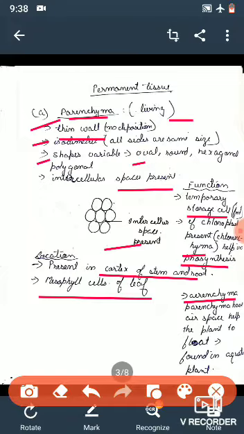If this parenchyma cell have air spaces in them, then they will be known as aerenchyma cell, and they help the plant to float. Okay, parenchyma cells, if chloroplasts are there, they are the chlorenchyma cell, and if in parenchyma cell air spaces are there, then they will be known as aerenchyma cells or the tissues.